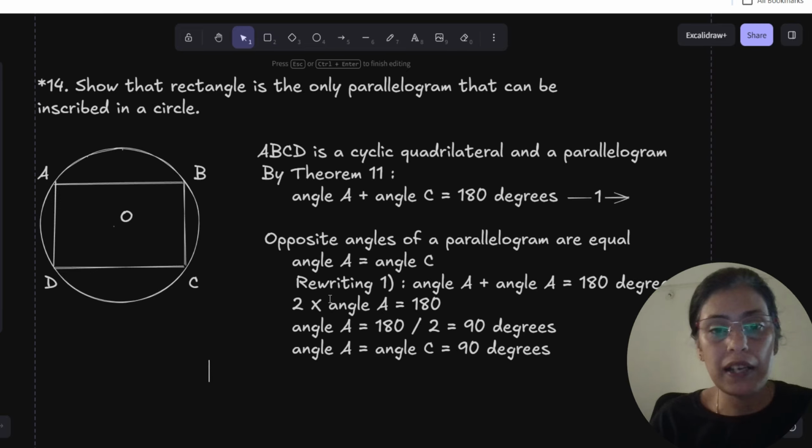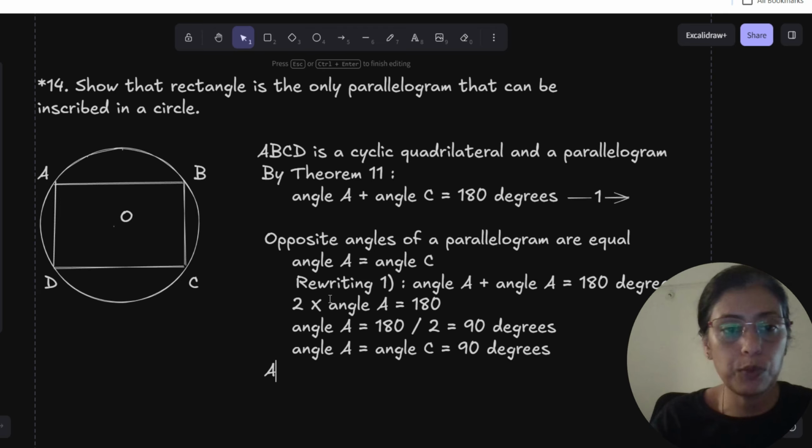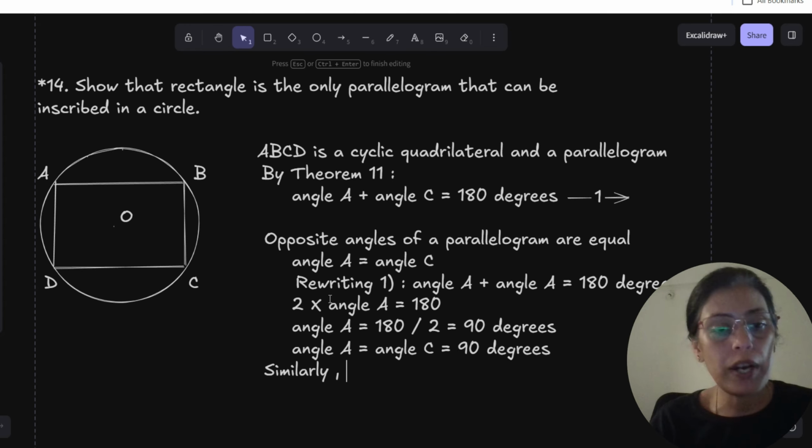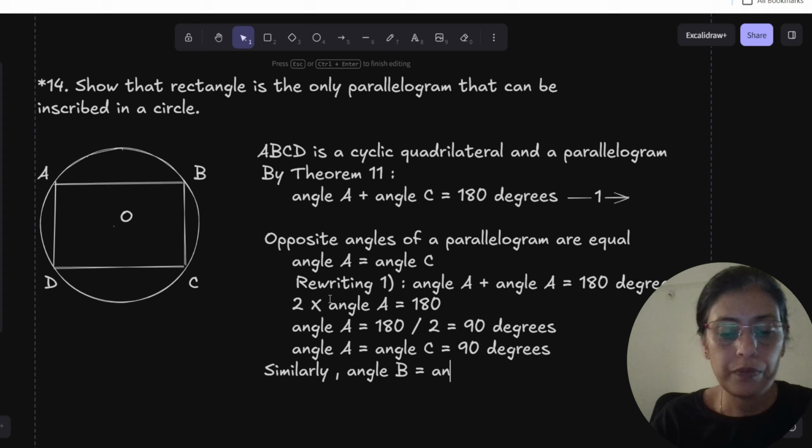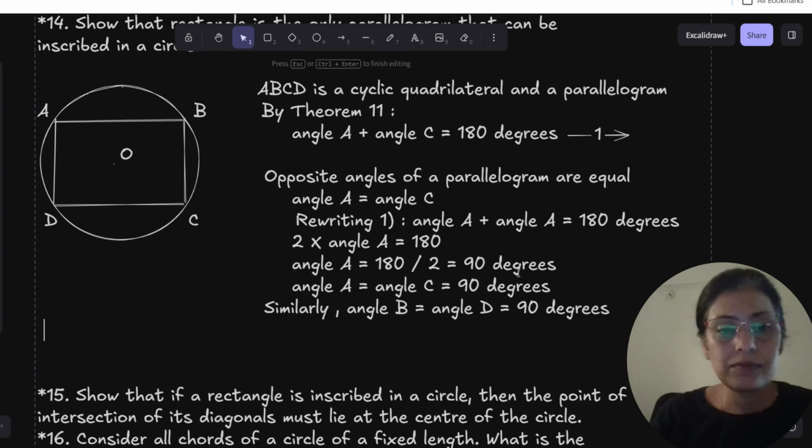And similarly, we can prove the same thing for angle B and angle D. Angle B is equal to angle D is equal to 90 degrees. So all the 4 angles are 90 degrees for this quadrilateral or the parallelogram.